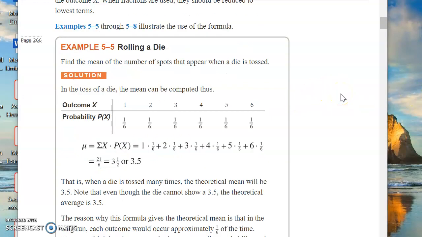Okay, so example 5-5, we're rolling a die. Find the mean of the number of spots that appear when a die is tossed. So the experiment is tossing one single die. The outcome is you see a 1, a 2, a 3, a 4, a 5, or a 6.